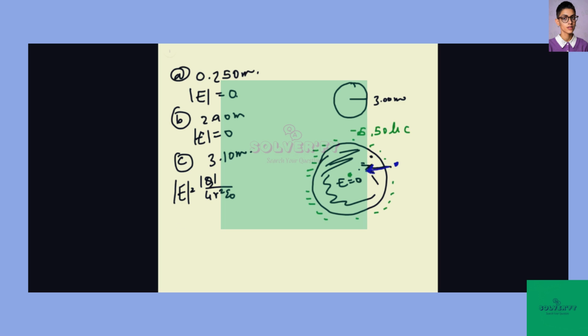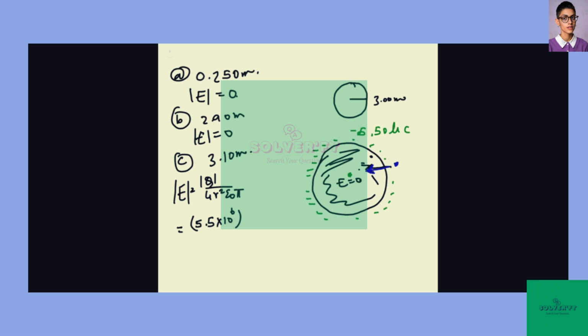So the magnitude will be, charge will be 5.5 into 10 power minus 6 coulombs. There is another pi here, forgot the pi.